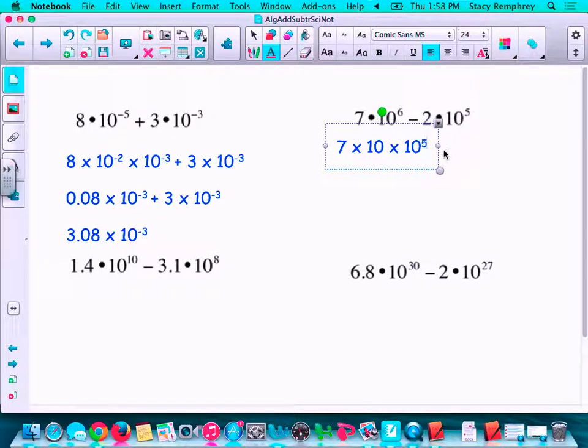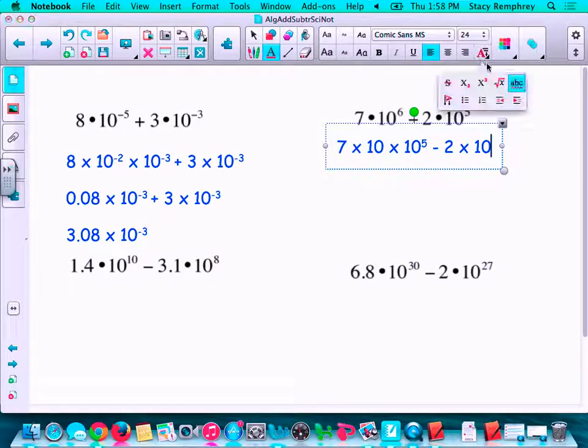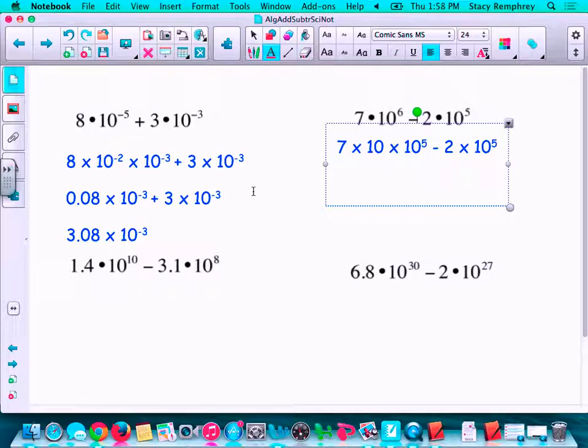So this is 10 to the fifth minus 2. So 7 times 10 will give me the 70. Now I have 10 to the 5th on both, so I'll do 70 minus 2, that's 68.